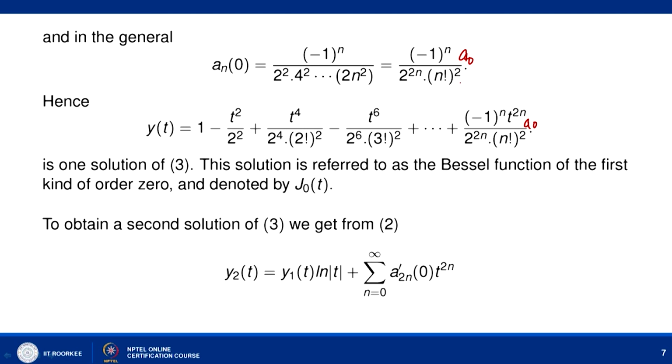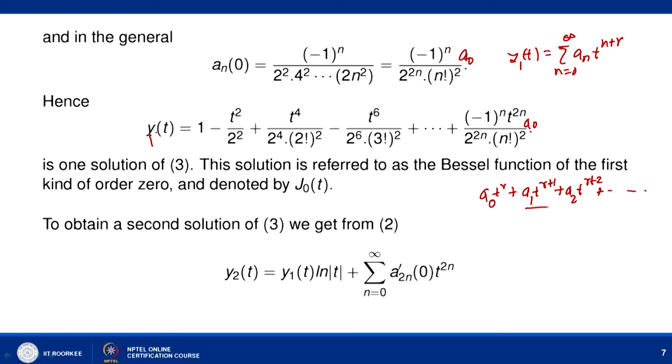Now we already know that all odd terms are 0, so we can write y1(t) equal to the summation of a_n t to the power n plus r, n from 0 to infinity. Here we can write this as a0 t to the power r plus a1 t to the power r plus 1 plus a2 t to the power r plus 2 and so on.